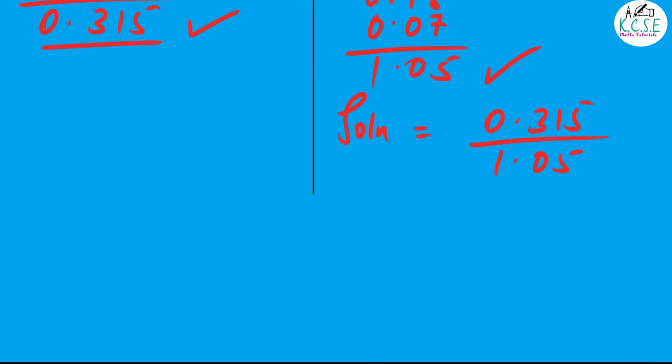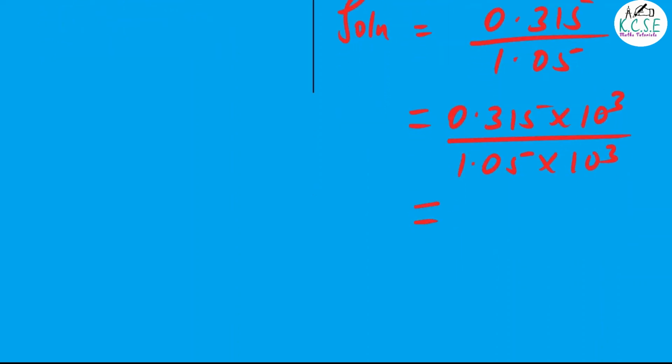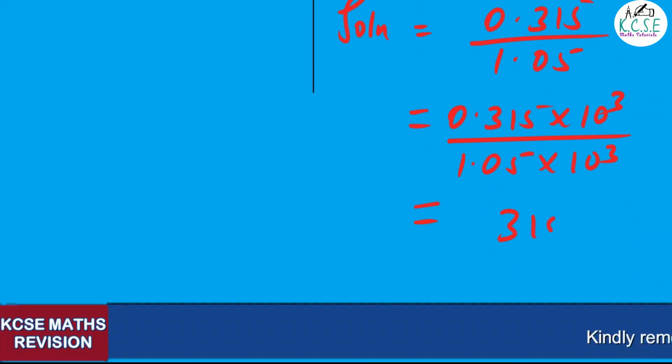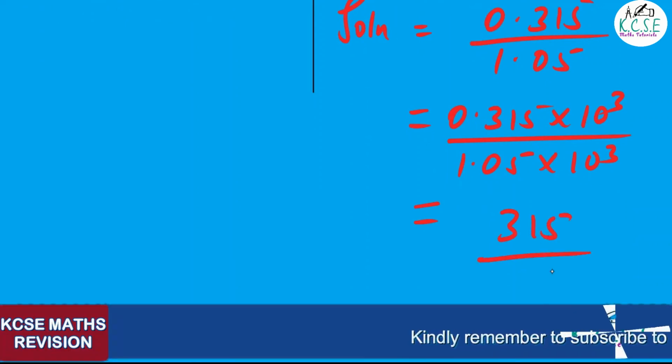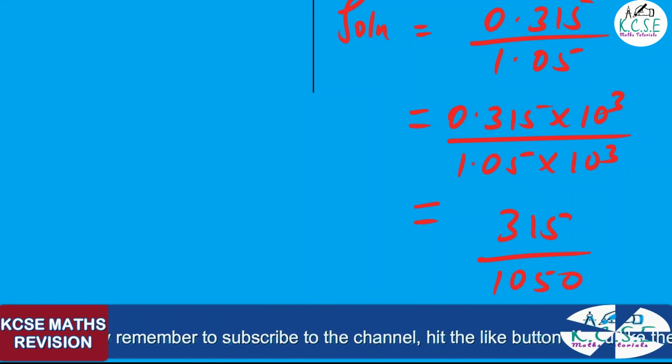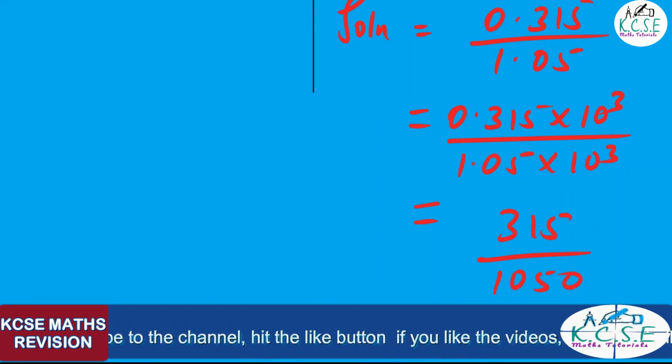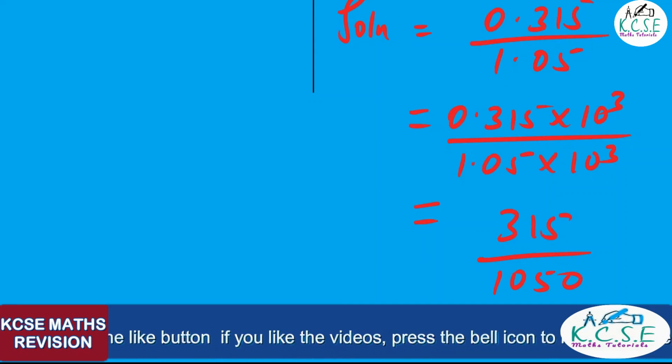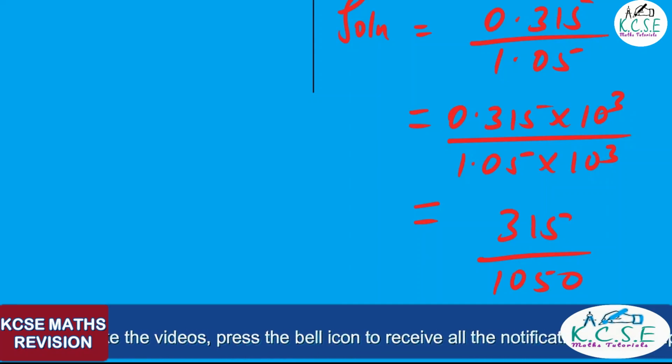So to divide these, we can multiply both the numerator and the denominator by 1000. Multiply this by 1000, and this gives 315 divided by 1050. So from here we can divide.